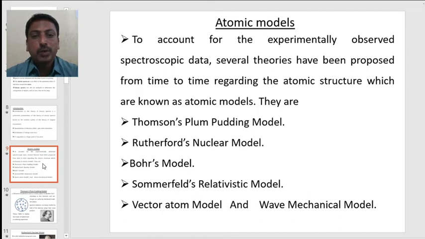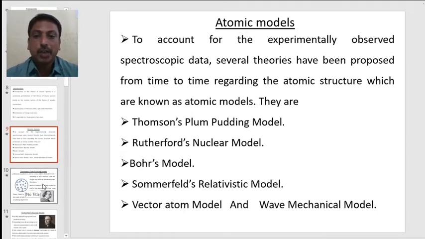Before going to study an atomic spectra, let us understand the different models which were proposed from time to time in order to understand the atomic structure, and they are known as atomic models. Namely, the first model is Thomson's plum pudding model, the second is Rutherford's nuclear model, the third is Bohr's model, the fourth is Sommerfeld relativistic model, and then the vector atom model, as well as the wave mechanical model.